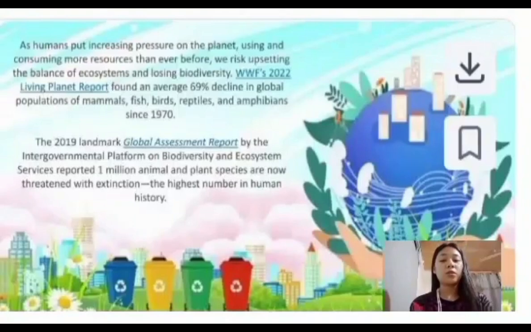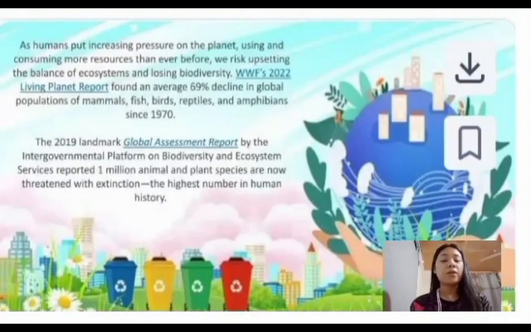WWF's 2022 Living Planet Report found an average 69% decline in global populations of mammals, fish, birds, reptiles, and amphibians since 1970.